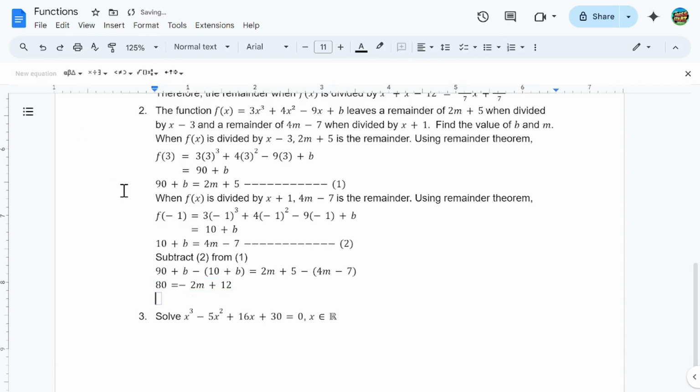If you minus 12 from both sides and add 2m to both sides, you'll get 2m equals negative 68. My bad. So we can find m. m equals negative 68 divided by 2 equals negative 34.